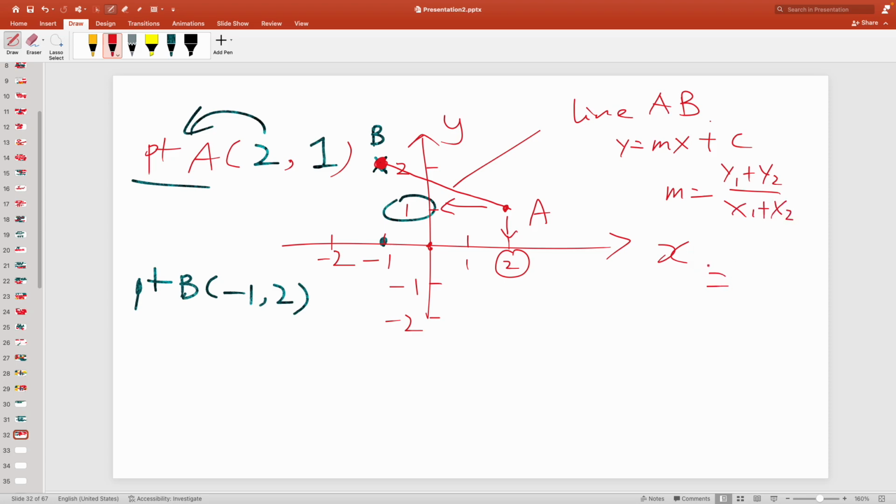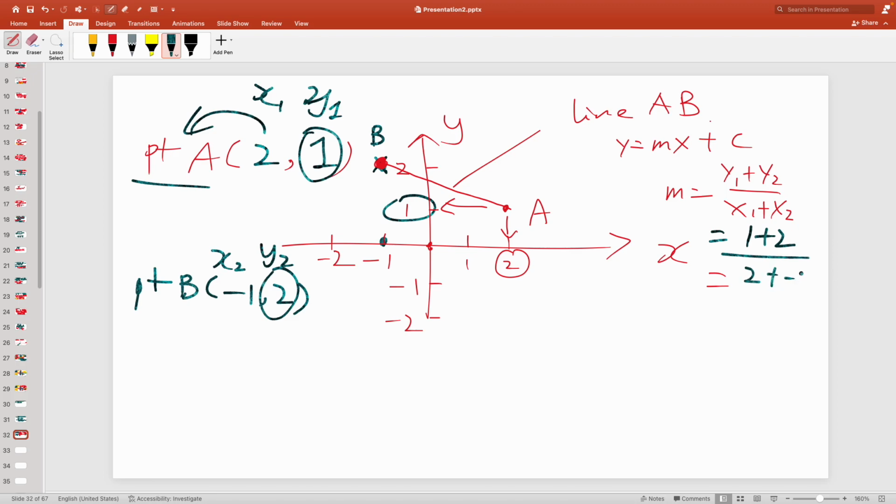So what's your y1 here? This is your x1, y1, x2, y2. So y1 is 1, y2 is 2, so it's 1 minus 2. x1 is 2, minus x2 which is minus 1. So 3 below, minus 1 above, so your m is 3 in this case.